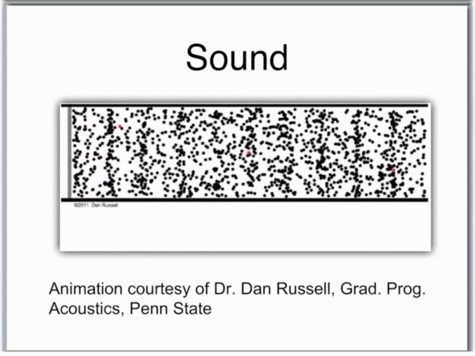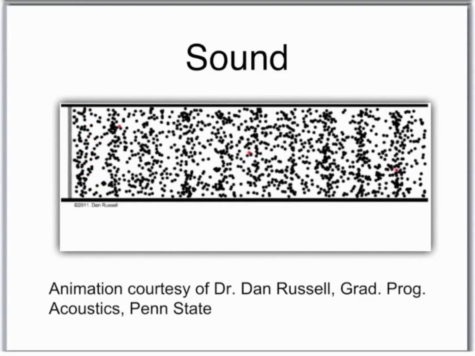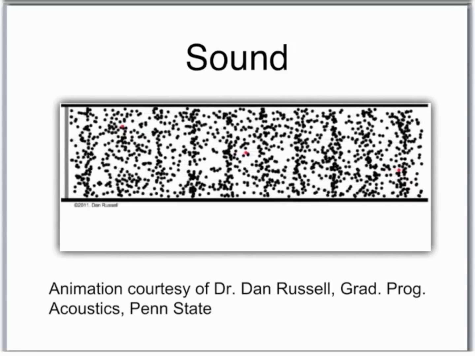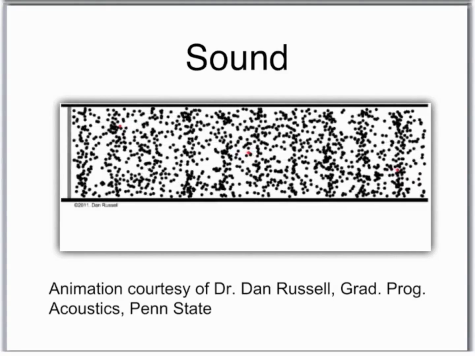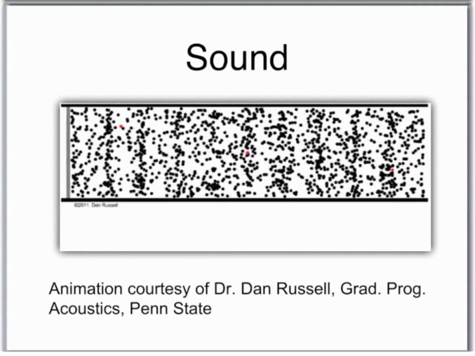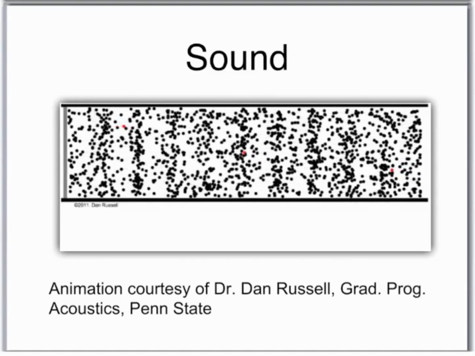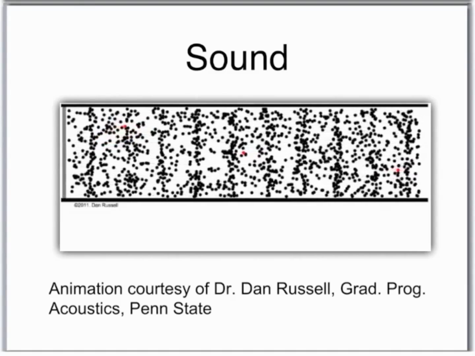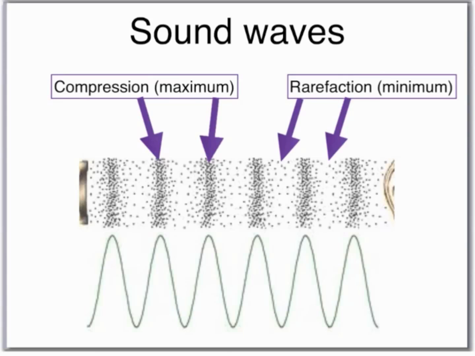However, if you look at those little red dots that highlight certain molecules, as the oscillation happens, you'll see that the red dot basically stays in place. It wiggles back and forth, but it doesn't travel the whole length of the wave. Energy is transferred through the medium, not the particles. Now here's what sound waves look like.